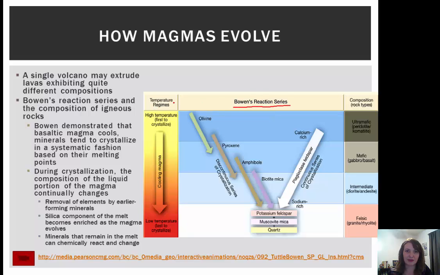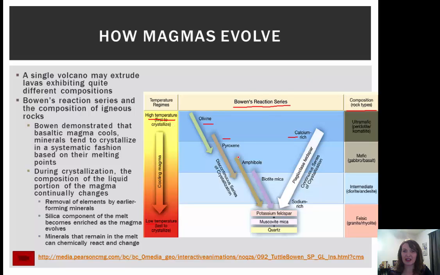We start off with our high temperature, our first ones to crystallize, and we go down to our low temperature, the last ones to crystallize, and it's also divided based off of your composition. So for ultramafic rocks, we know we get olivine, we're going to get some pyroxene, and some calcium-rich feldspars. As those crystallize out, the whole melt becomes a little bit more mafic, less ultramafic.